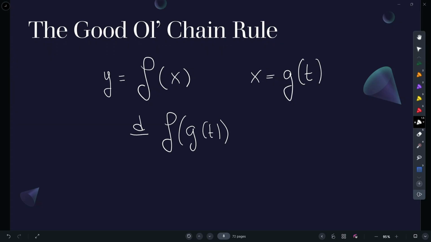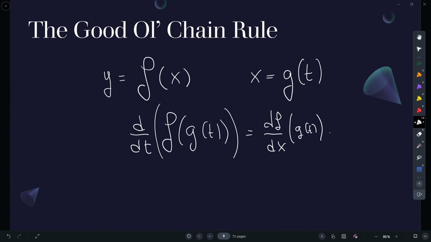Now that composition is a function just of t, so I can take a derivative. And that derivative is going to be the derivative of f as if it was just with respect to x, but evaluated still at g of t, times the derivative of g with respect to t. That's what happens in the chain rule.